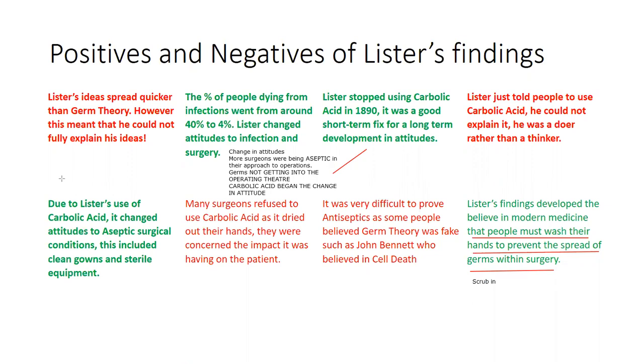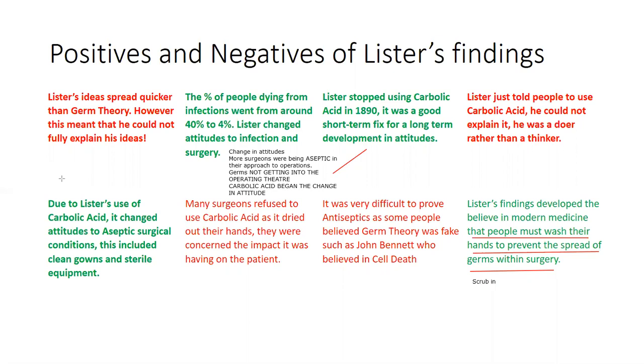Now, the negatives of Lister: his ideas spread quicker than germ theory. However, because Lister's ideas were put in place before germ theory was fully accepted, Lister couldn't really link the two ideas together. So it was hard to explain, which means some people didn't really respect the concept.